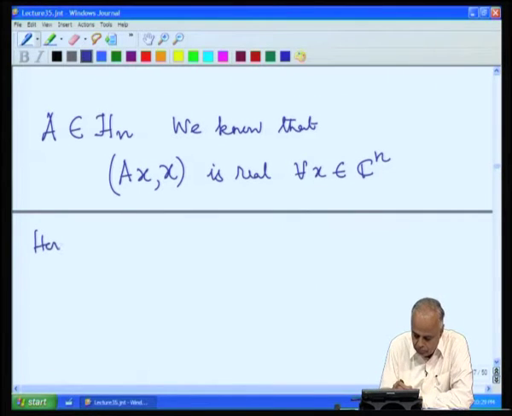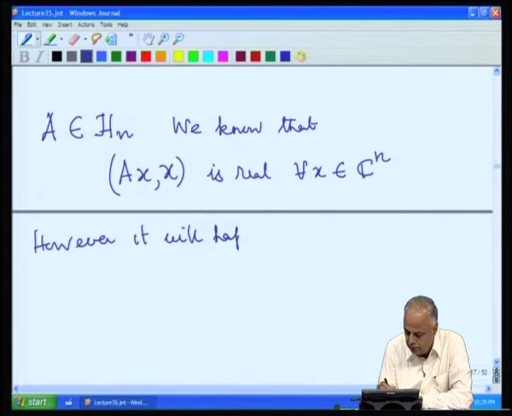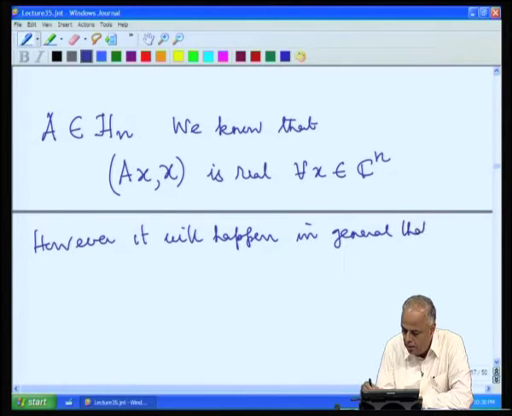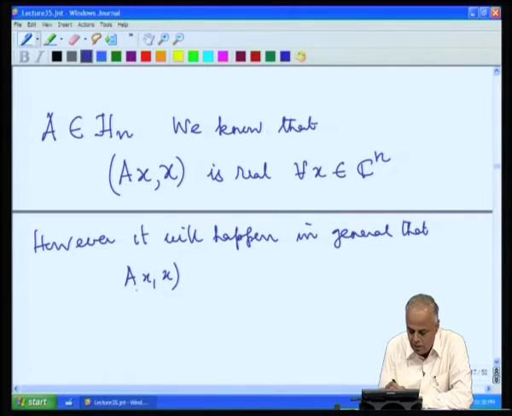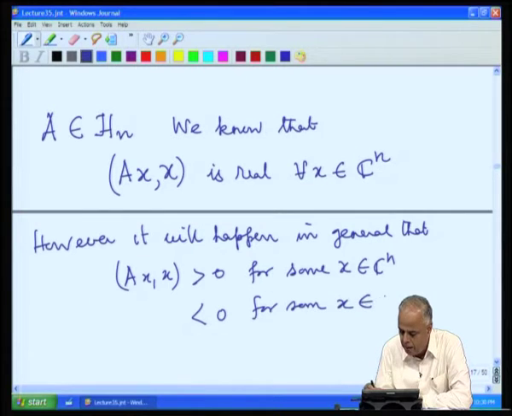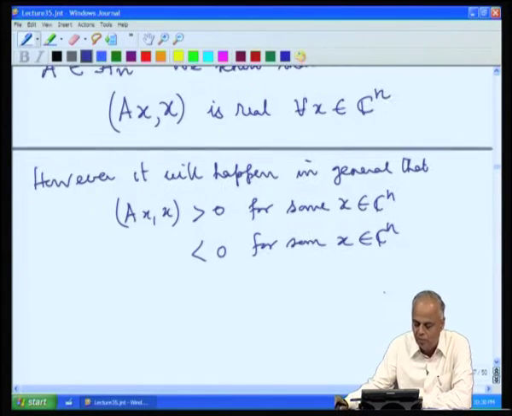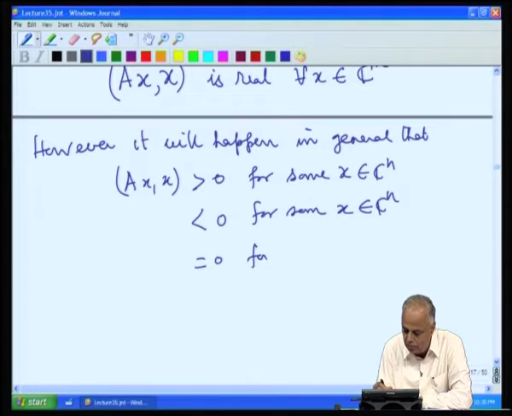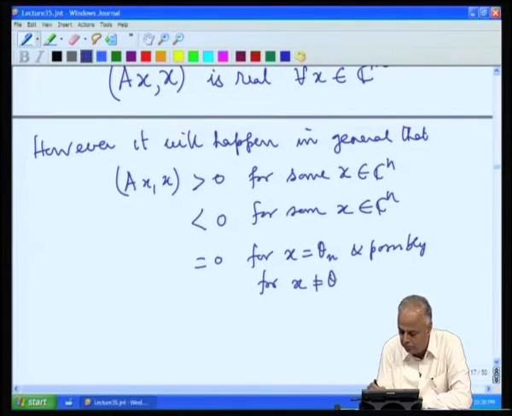So, for a Hermitian matrix, A x comma x is always real. However, it will happen in general that A x comma x is positive for some x, negative for some x, and of course, is obviously 0 for x equal to theta n, and possibly for x not equal to theta n also.